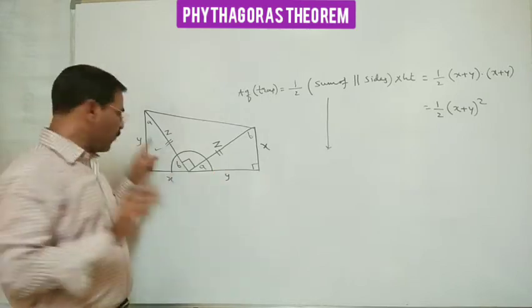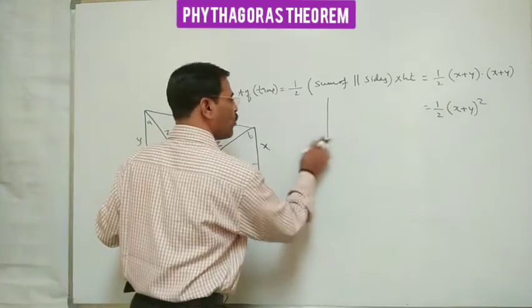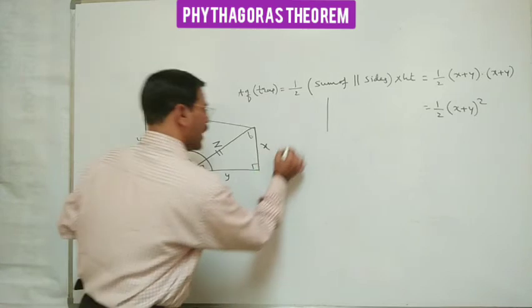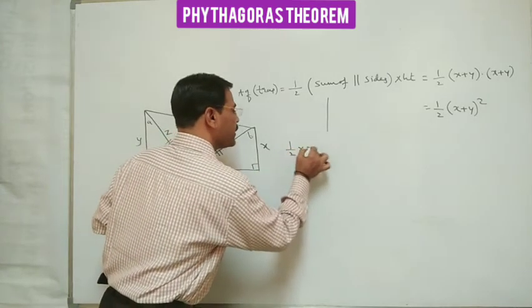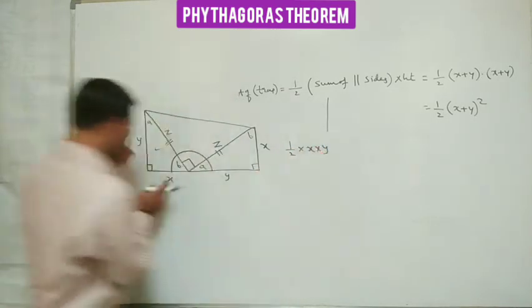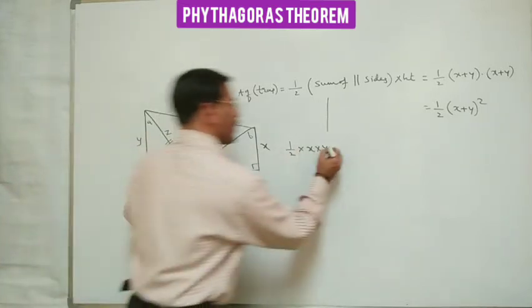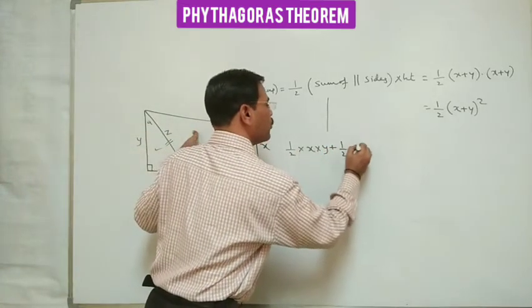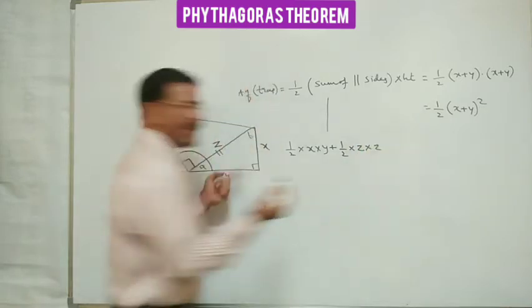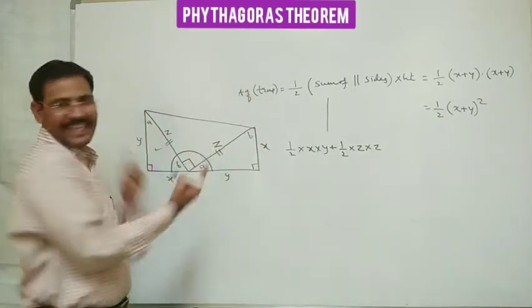First of all, the area of this triangle: tell me, half into base into height. Is it correct? Half into base into height. What about this one? Plus half into base into height. Base and height both are the same here, z, z.